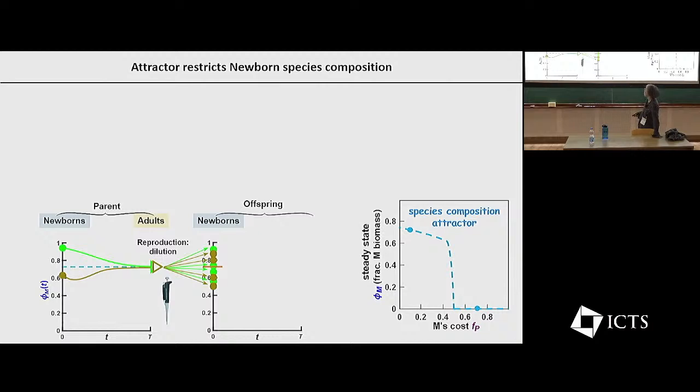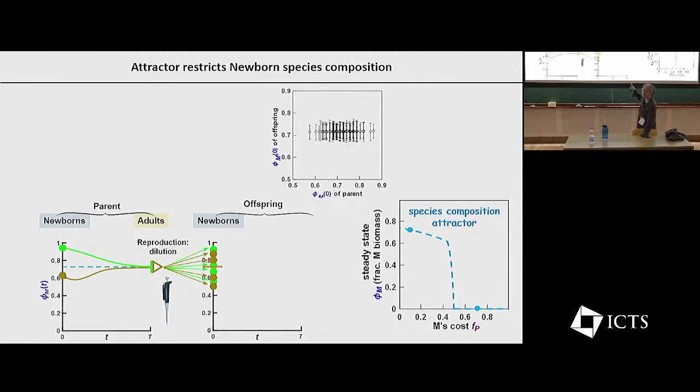So if we correlate, if we plot phi, the fraction M biomass in newborns of parent and newborns of offspring, what do you expect to see? You expect to see this, right?